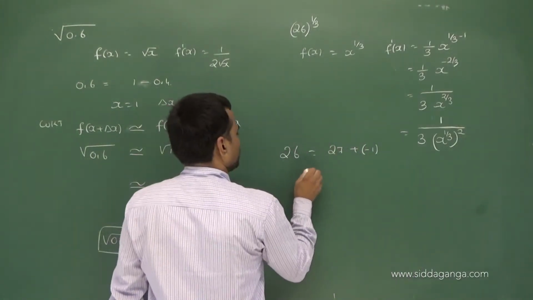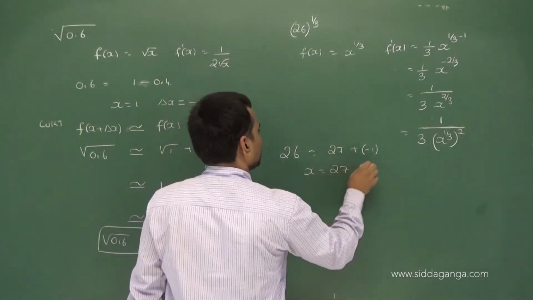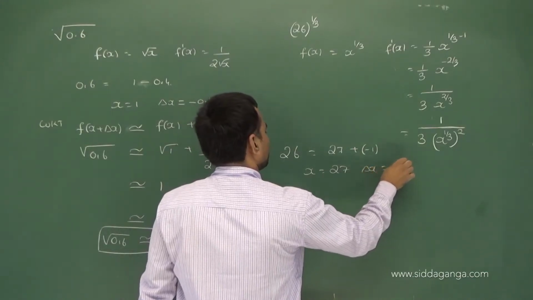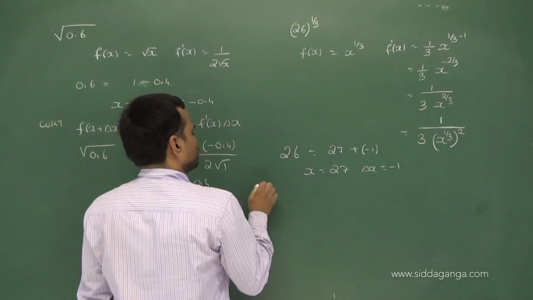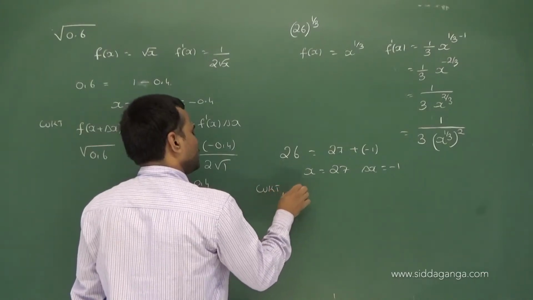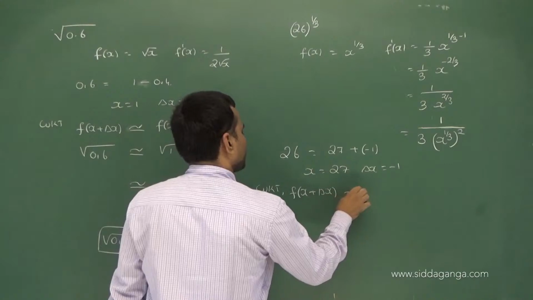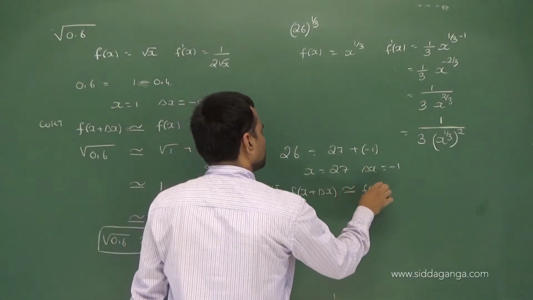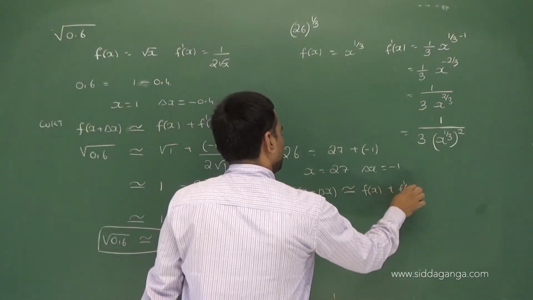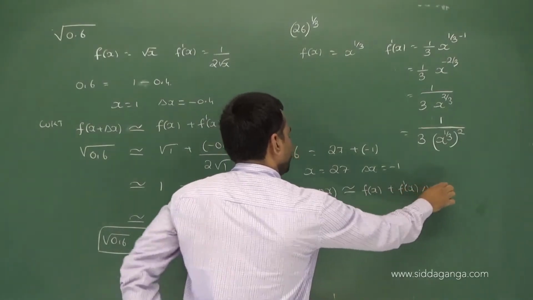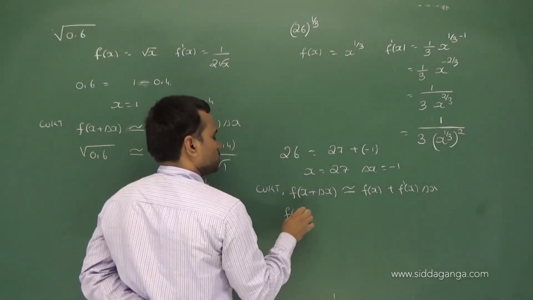So x is equal to 27. Delta x is equal to what? Minus 1. So we know that. Write the formula. F of x plus delta x is approximately equal to f of x plus f dash of x into delta x. Better you substitute the function firstly.